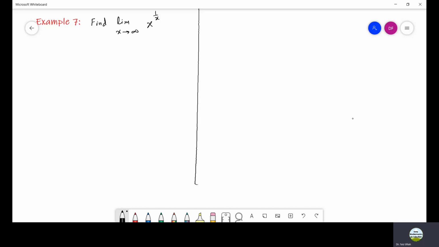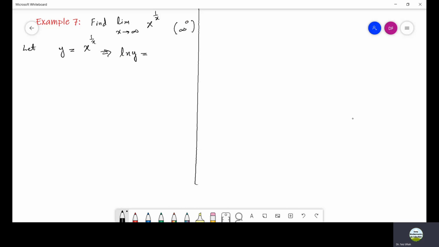To solve example number 7, we can see that this is infinity power 0 form because 1 divided by infinity is 0. So just like in the previous example, we let y is equal to x power 1 over x. And now just take log on both sides.